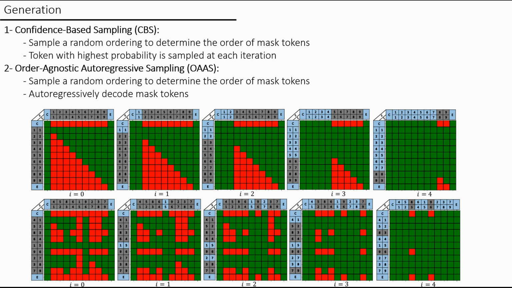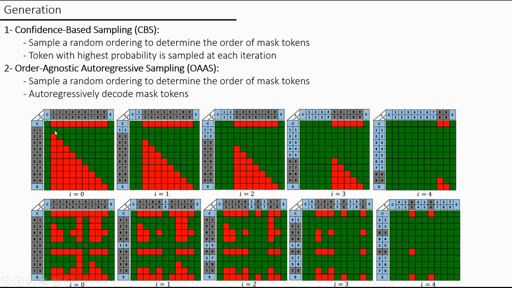The method that we propose is order agnostic autoregressive sampling. In this method, we first sample a random ordering to determine the order of mask tokens and to create our permuted causal attention mask. For example, here we show two different hybrid attention masks. The first row shows a hybrid attention mask where the random ordering happens to be exactly like our time steps.